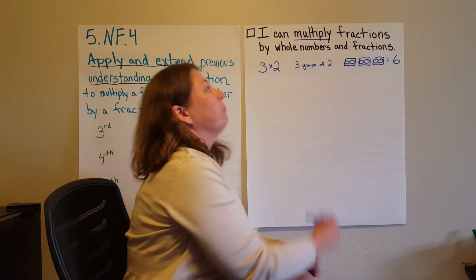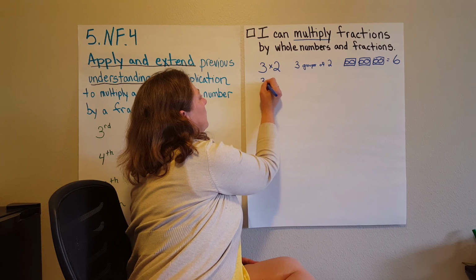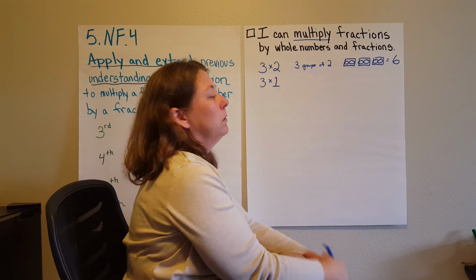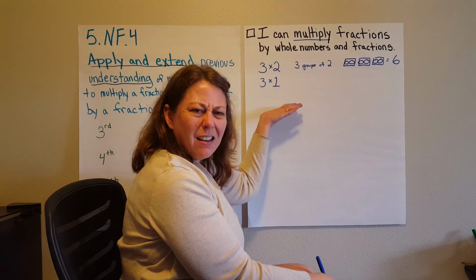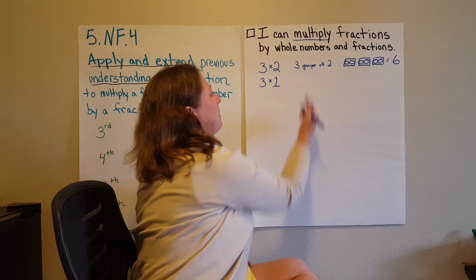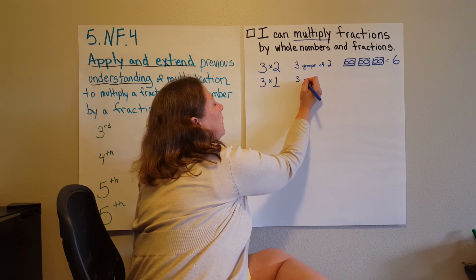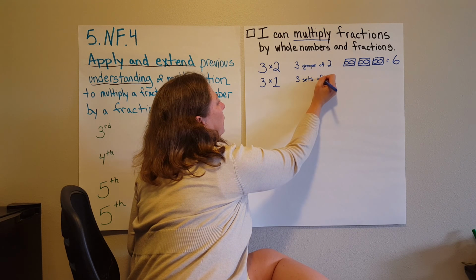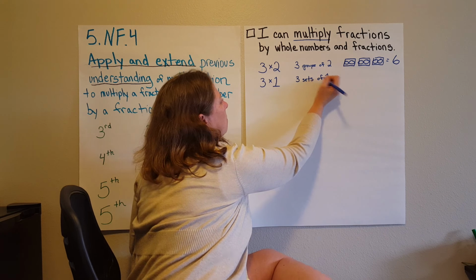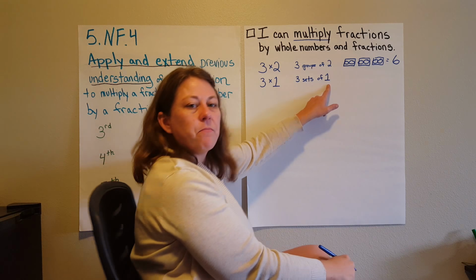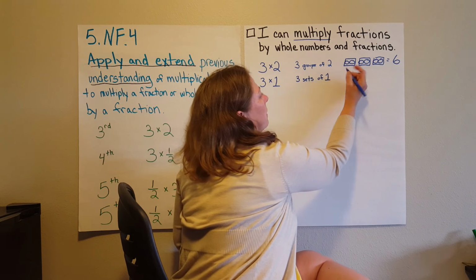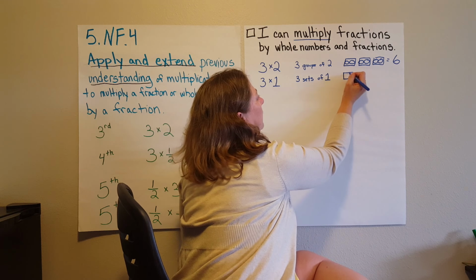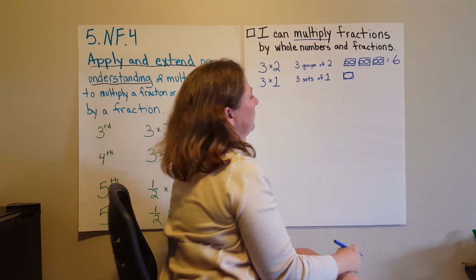Then I would ask them 3 times 1. What does that mean? What does it mean, 3 times 1? That means I'm looking for 3 sets. It doesn't always have to be groups. 3 sets of 1. Okay? I have a unit. What is the size of my unit? It's actually just 1 item in it.